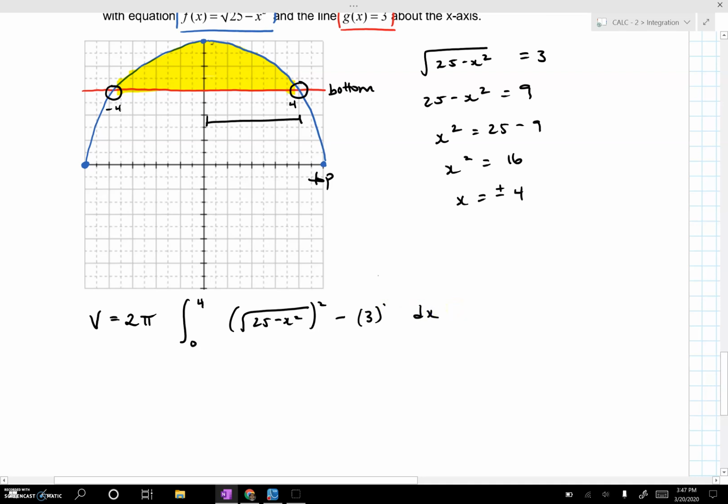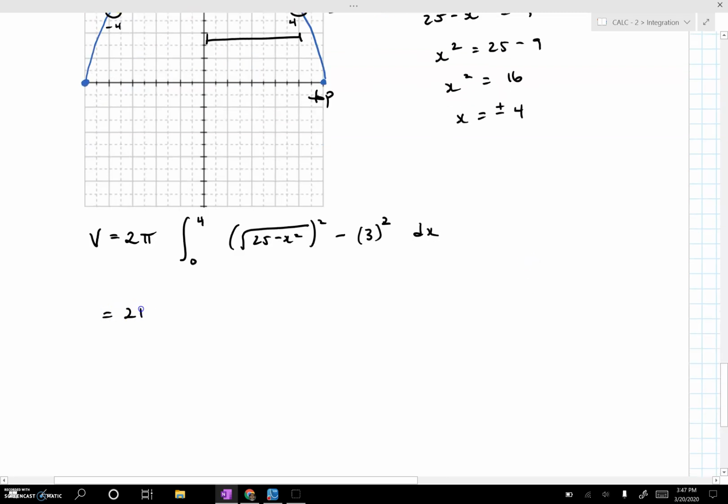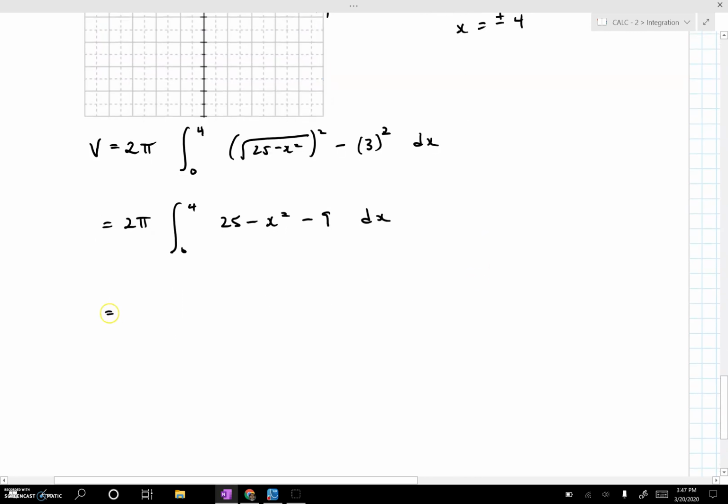All right, so I'm going to simplify a little bit here. When I simplify, I get 2 pi from 0 to 4 of 25 minus x squared minus 9 dx. Well, I can simplify a little bit further. 2 pi from 0 to 4 of 16 minus x squared dx.